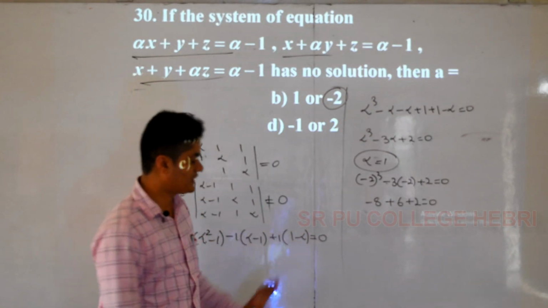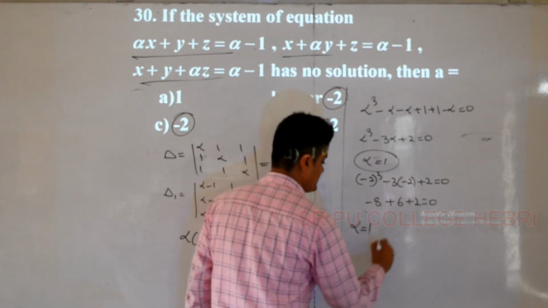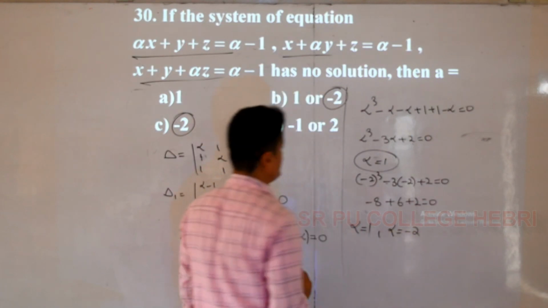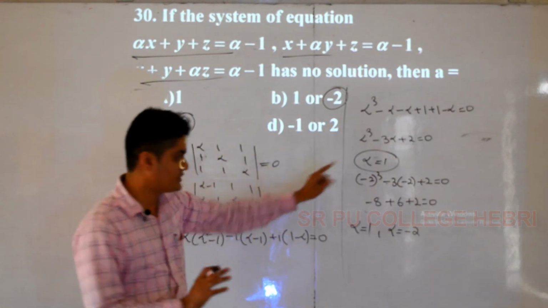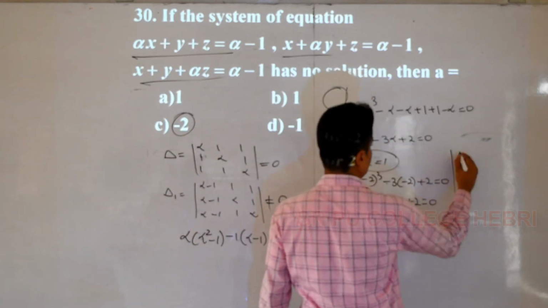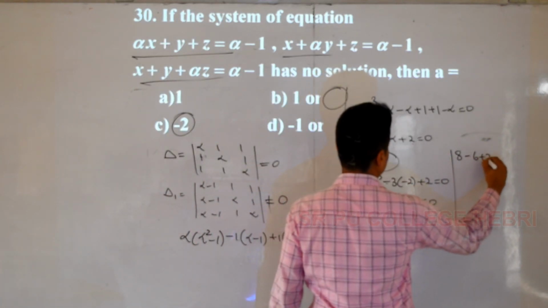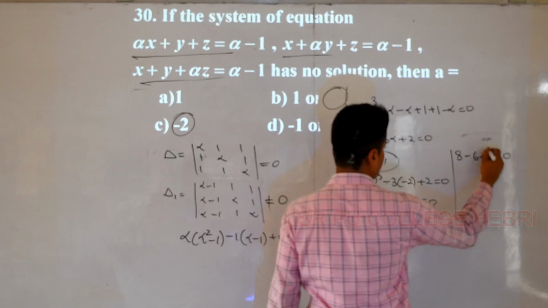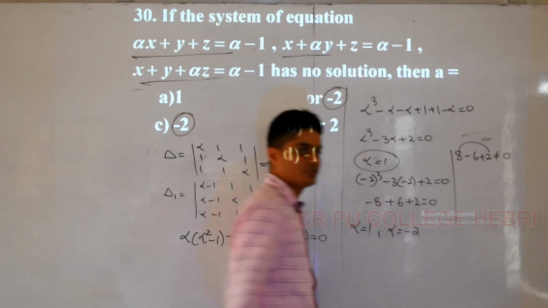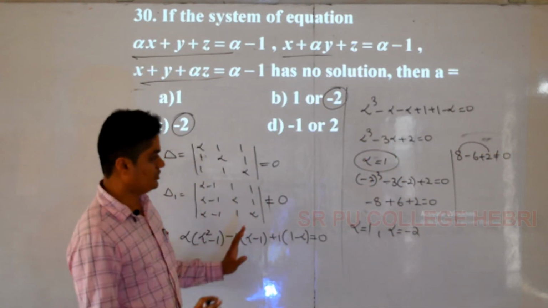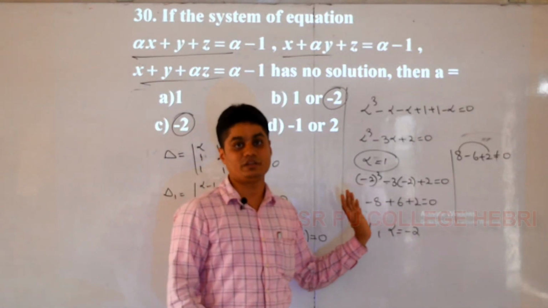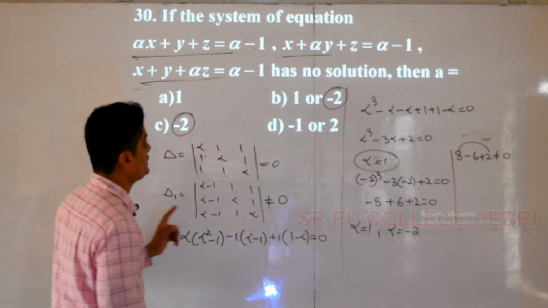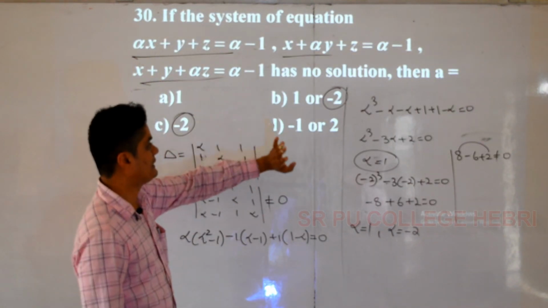So we come to know there are two possibilities, alpha equal to 1, alpha equal to minus 2. There is another number, 2, and some confusion, so check it. Substitute 2: 8 minus 6 plus 2, is it equal to 0? Definitely not, so 2 is not possible. So either 1 or minus 2, or maybe both, all options are there here. Then it will be easy.